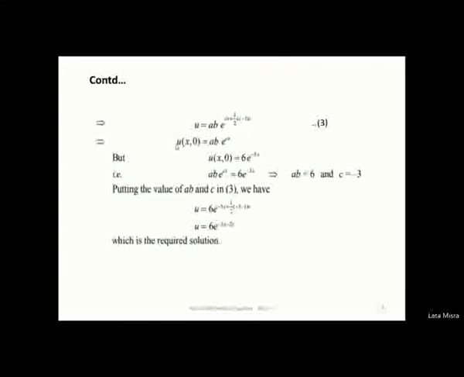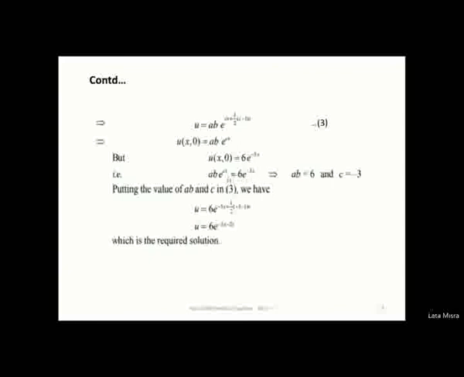We just put t equal to 0 in equation number 3. We get u(x, 0) equals ab e raised to cx when t equal to 0, and it is also given that u(x, 0) is equal to 6 e raised to minus 3x. We just compare both the terms, we get ab e raised to cx equals 6 e raised to minus 3x.